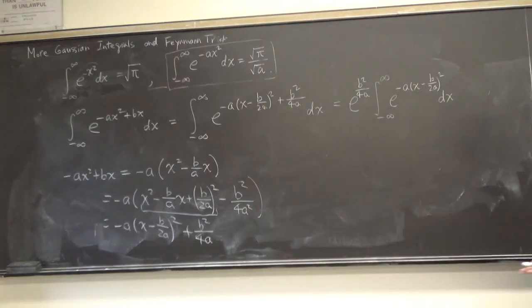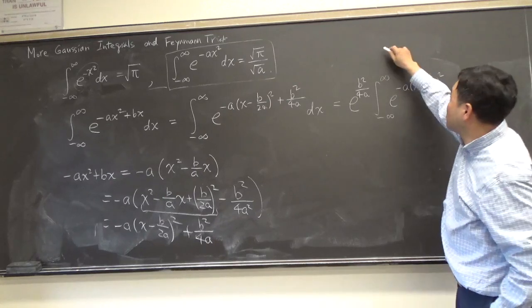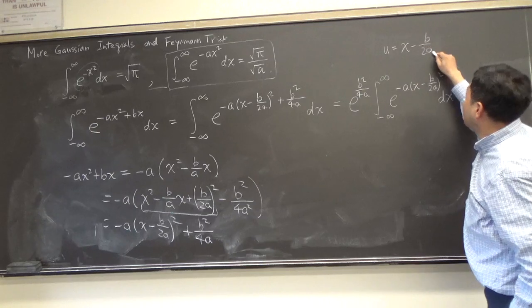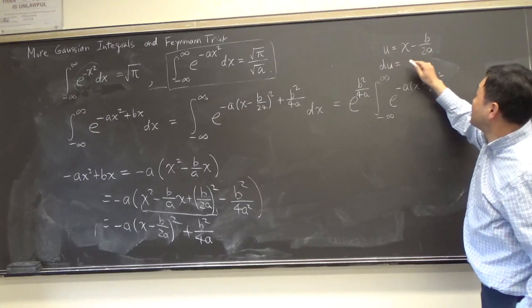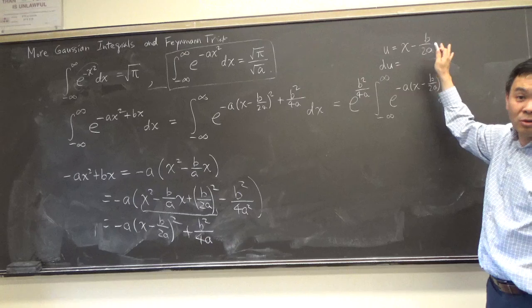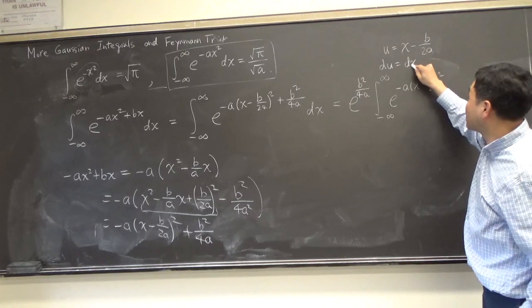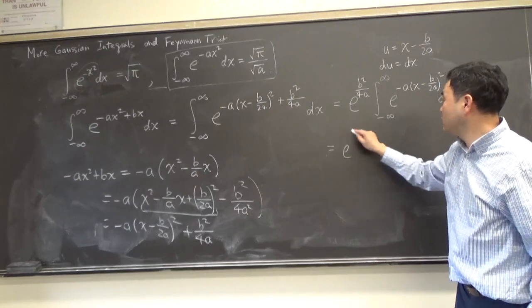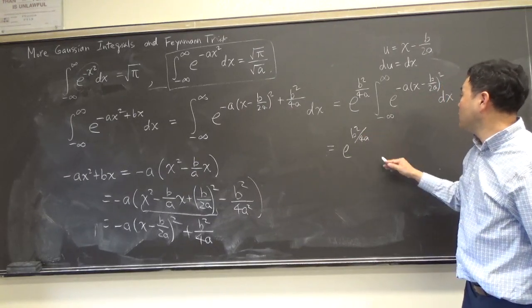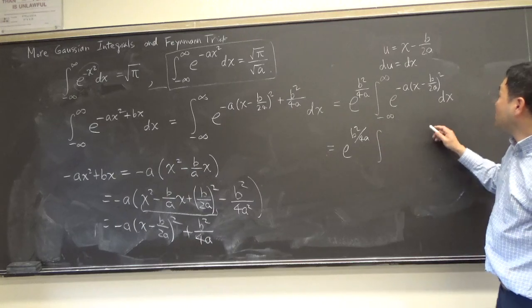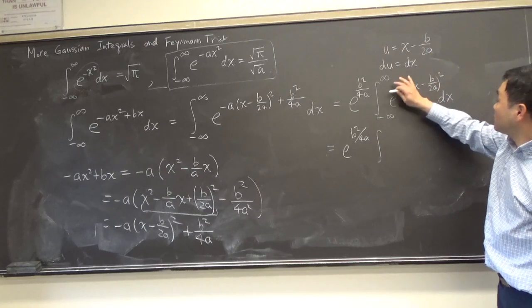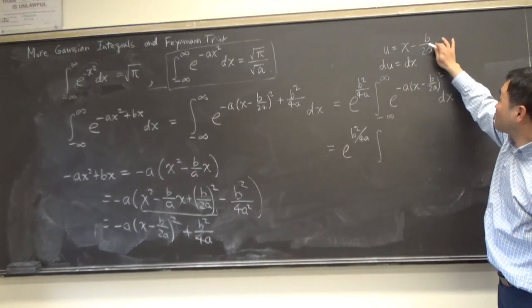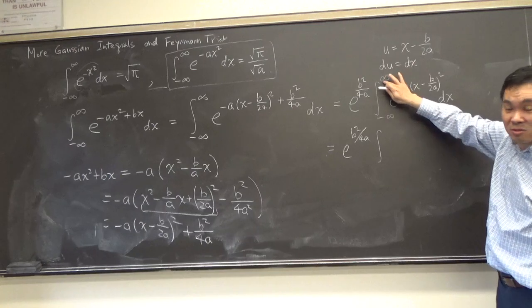If you don't like that argument, we can just prove that using u substitution. You can say u is x minus b over 2a. Then du is what? Differentiating this gives you just 1, so du is just dx. So you can rewrite this one as an integral from, well, even if you have infinity and negative infinity for x, subtracting any number still gives you infinity.